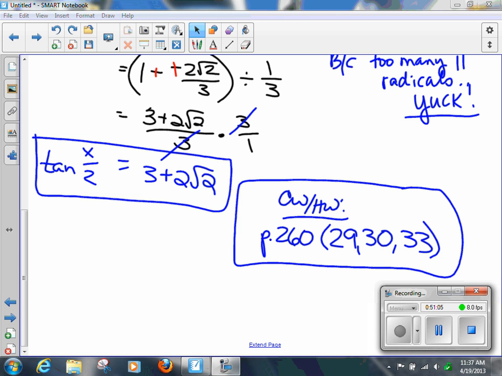The third one, you got to do this on your own. If you want to do 29 and 33 first and then do 30, do it that way. But you got to do these. Don't put off this homework. It will bust you in the end. Do this now. Get started on it now.